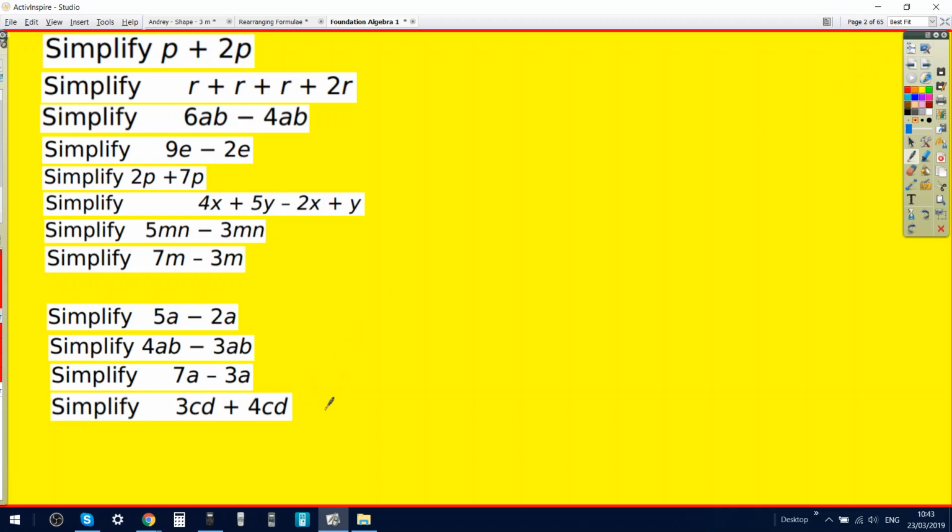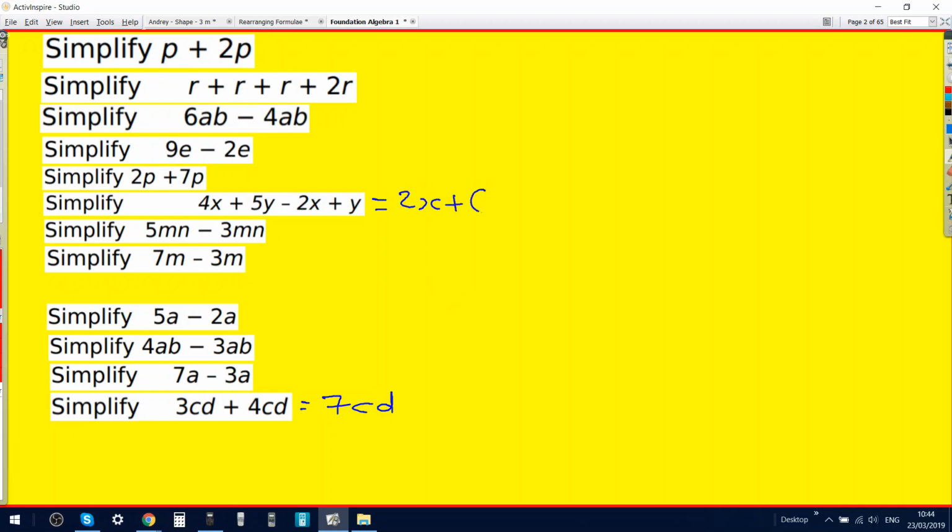Last one. Okay. Would that be 7 CD? 88. How about this? Is it 2x plus 6y? 6y. How about this one? Is it 5r? 5r.